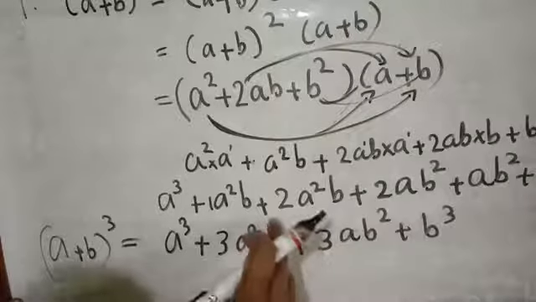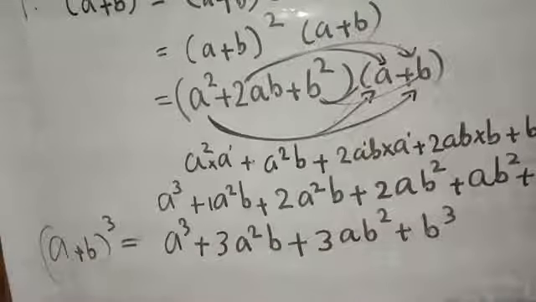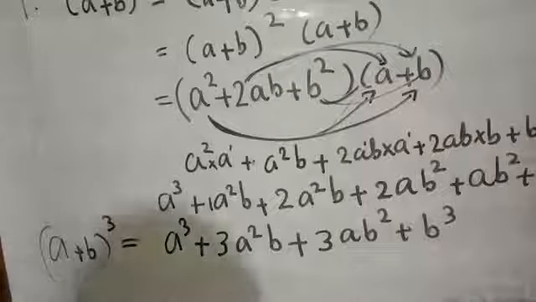So in this expansion always the power is 3. That is a cube plus 3a square b plus 3ab square plus b cube. Okay, a plus b the whole cube is equal to a cube plus 3a square b plus 3ab square plus b cube. Clear?